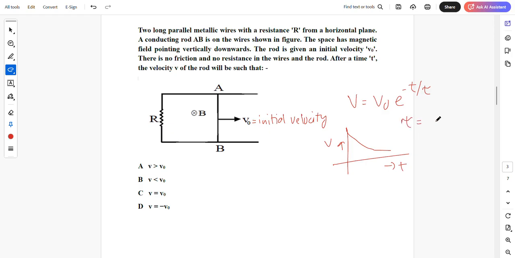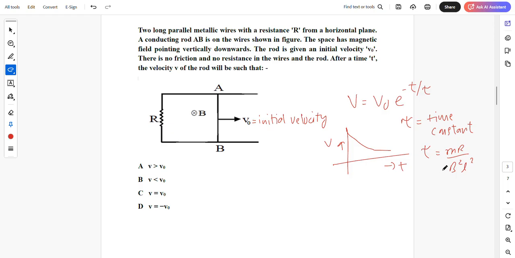But what is tau? Tau is the time constant, and that is given by m into R divided by B square into L square.